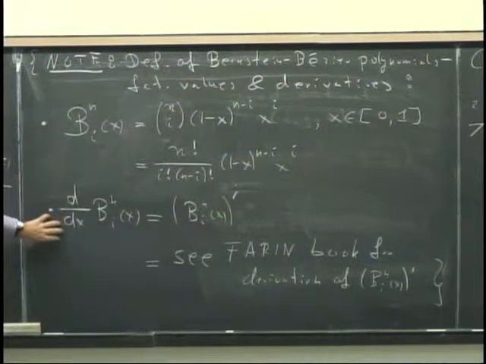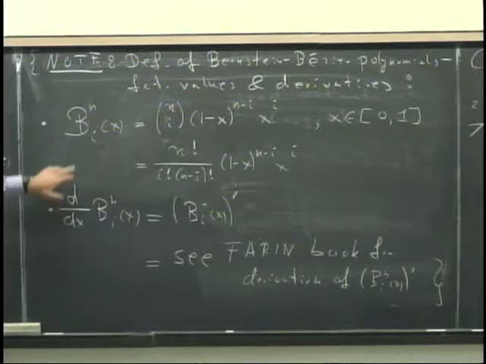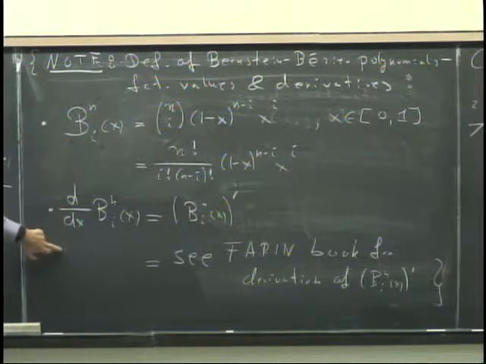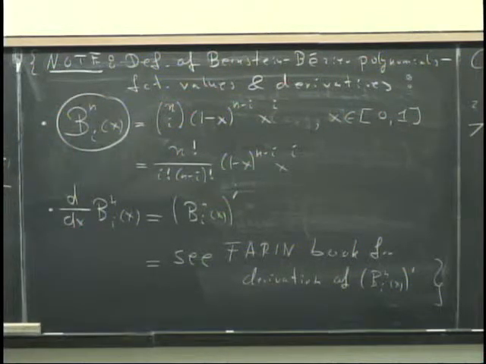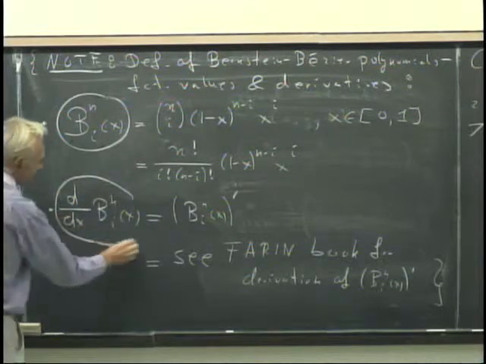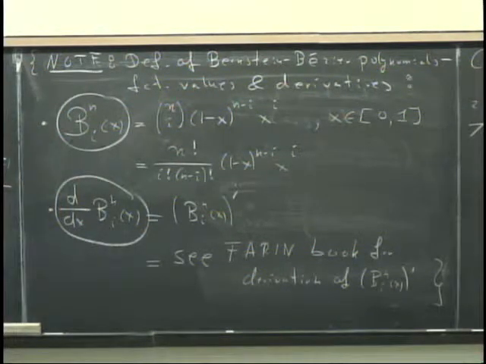These are the two things you have to look up in the Farin book or any book on geometric modeling where Bezier curves are discussed. The take-home message is we only need a module where we compute b_i^n and a module where we compute the derivatives of it.